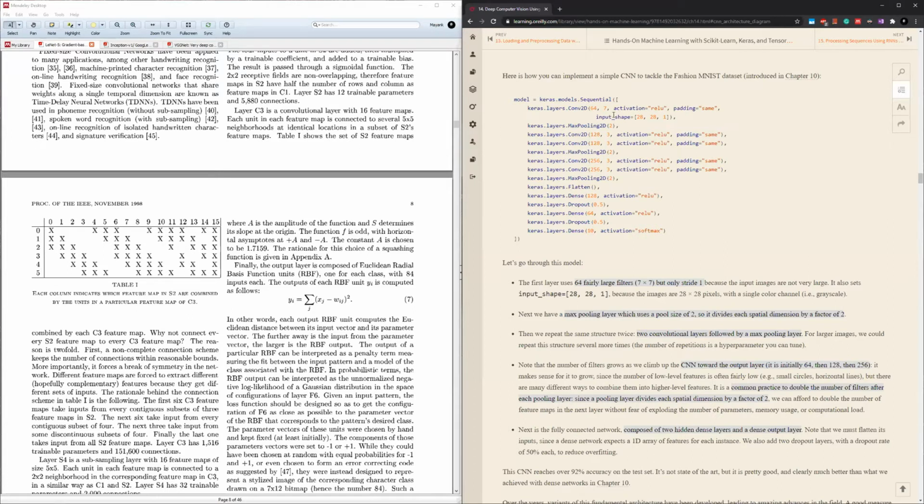twice with 3x3 filters with the ReLU activation. So this is how it goes. And here is the dropout, applied after the dense layer with ReLU.